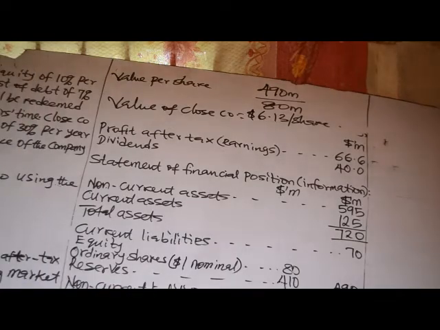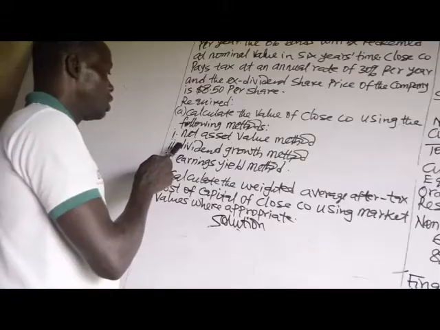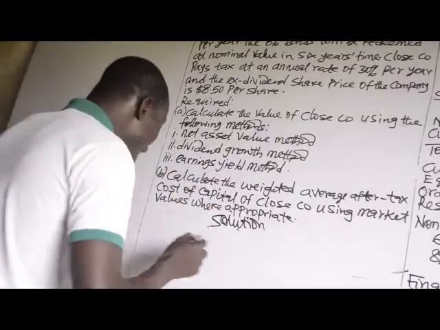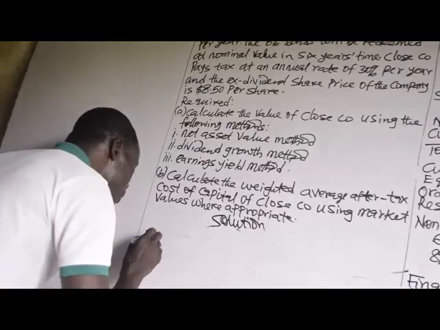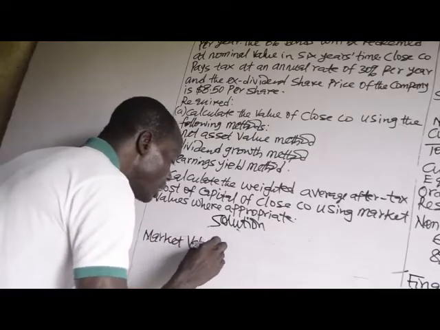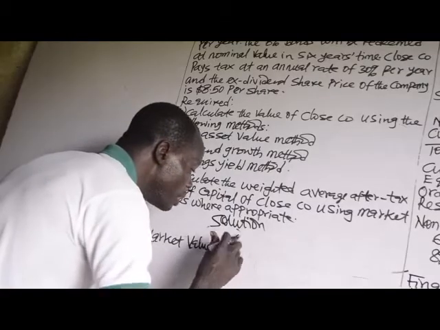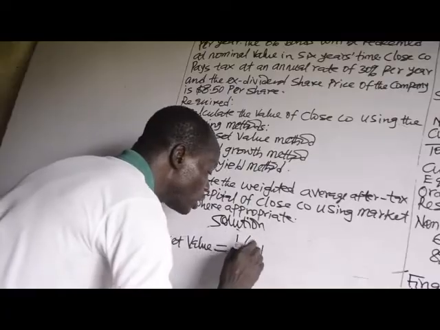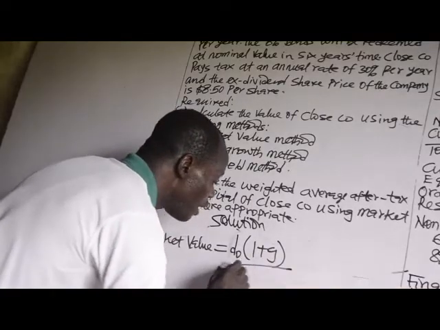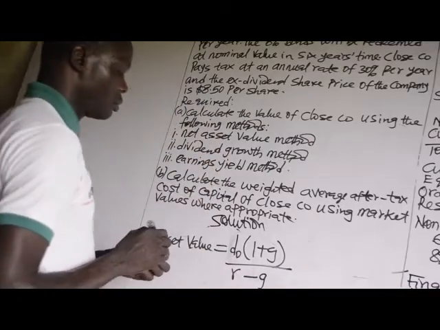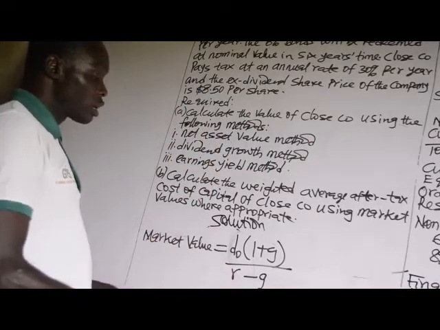Now, my figure 2, using the dividend growth method. I told you that the market value under dividend growth will be equal to the base dividend times 1 plus growth rate, over R, where R is the cost of equity minus growth.